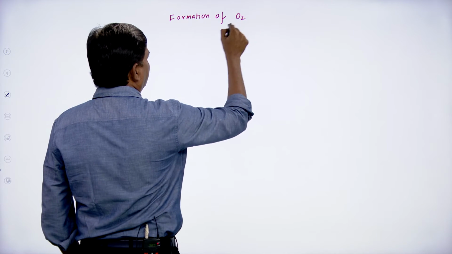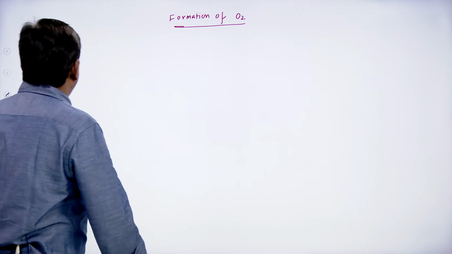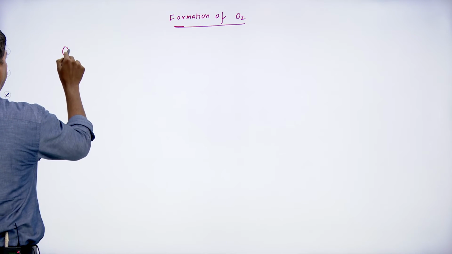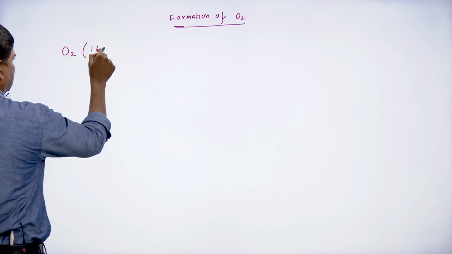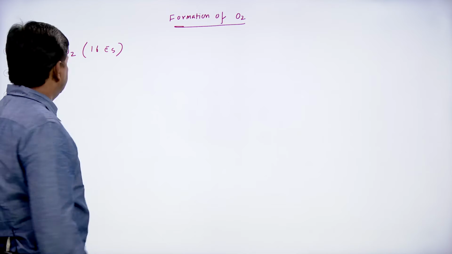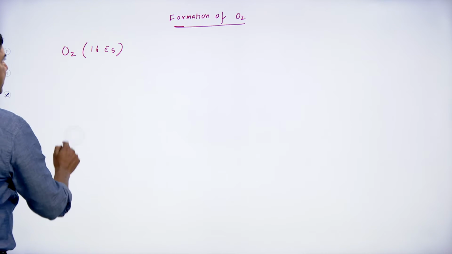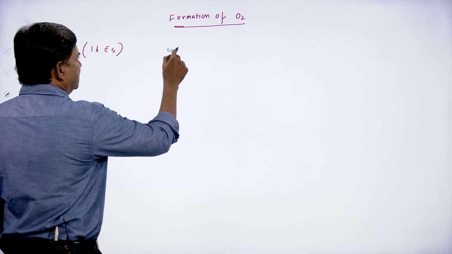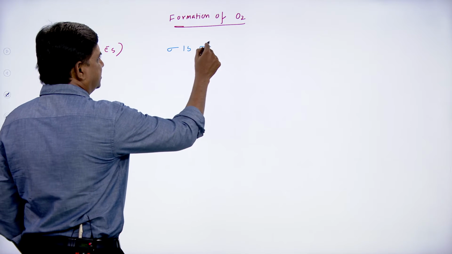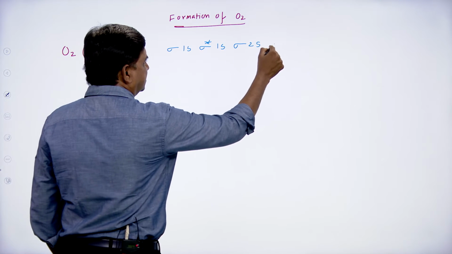Formation of the O2 molecule. O2 contains 16 electrons. When it contains 16 electrons, the energy level order is sigma 1s, sigma star 1s, sigma 2s and sigma star 2s.